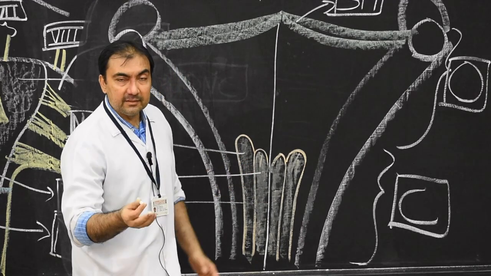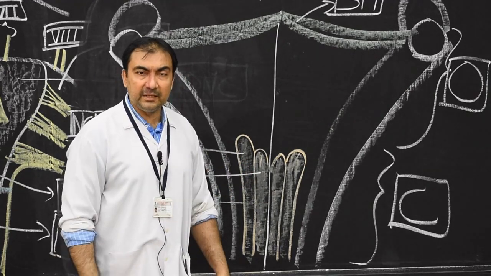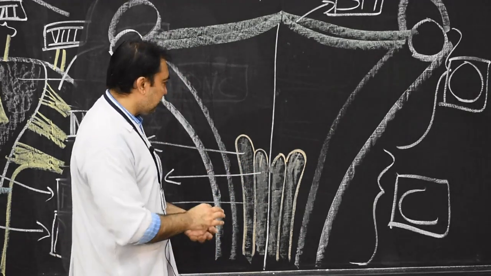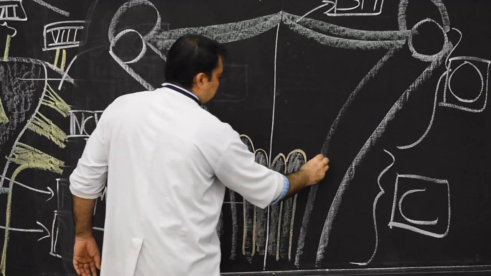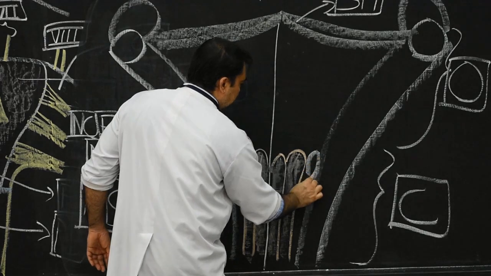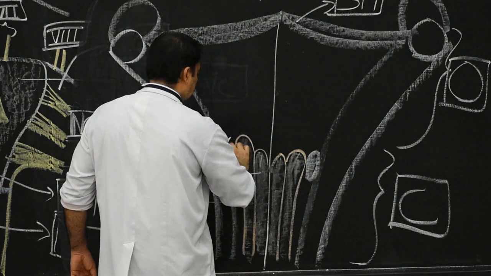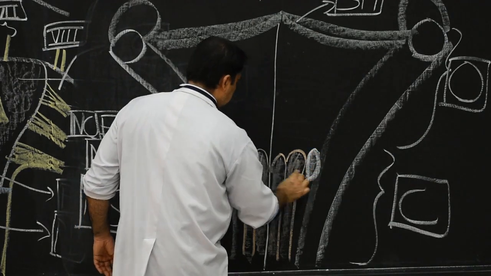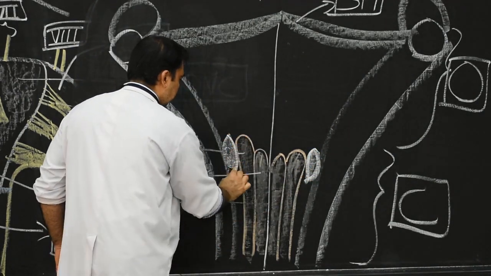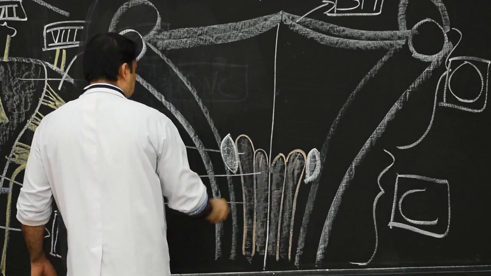Now lateral to it there will be another elevation, another swelling, which will be known as tuberculum cinereum. So lateral to it, if we consider this here, this swelling will be known as tuberculum cinereum. And what is this tuberculum cinereum?